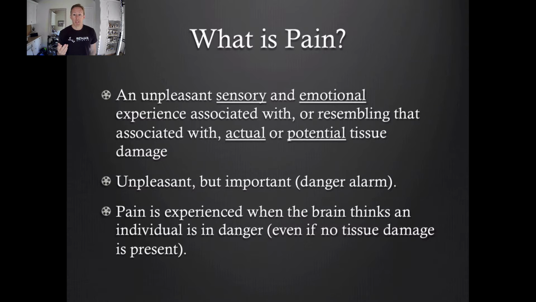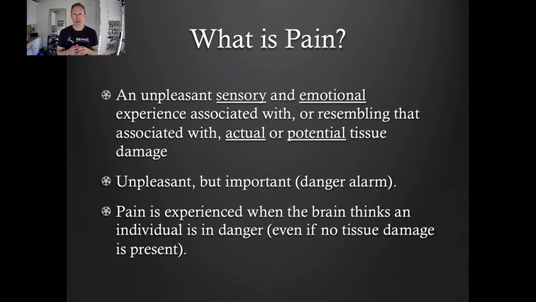So pain ultimately is experienced when the brain thinks an individual is in danger, and this has really been a major part of what's changed in pain research in the last 10 to 15 years: thinking less about pain coming from the tissues of our body and more about it being an experience that our brain creates to protect us. So again, the pain is produced if the brain believes that there's actual or potential tissue damage, there's some danger.